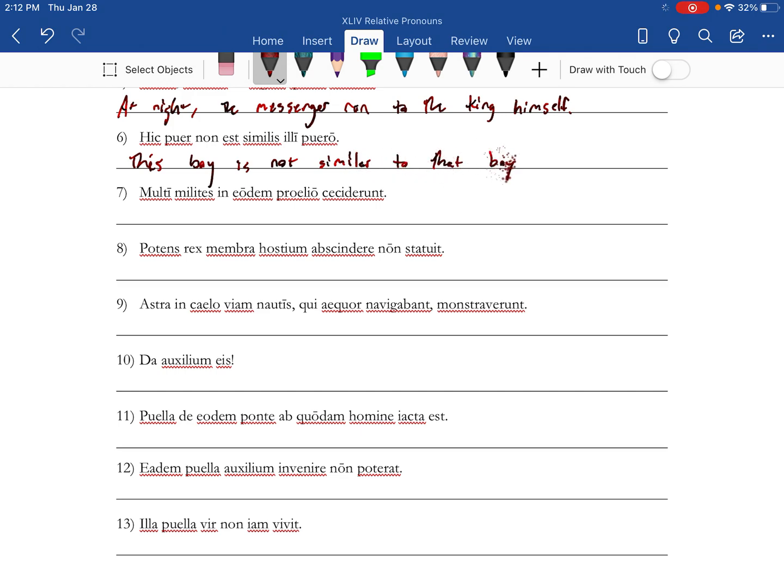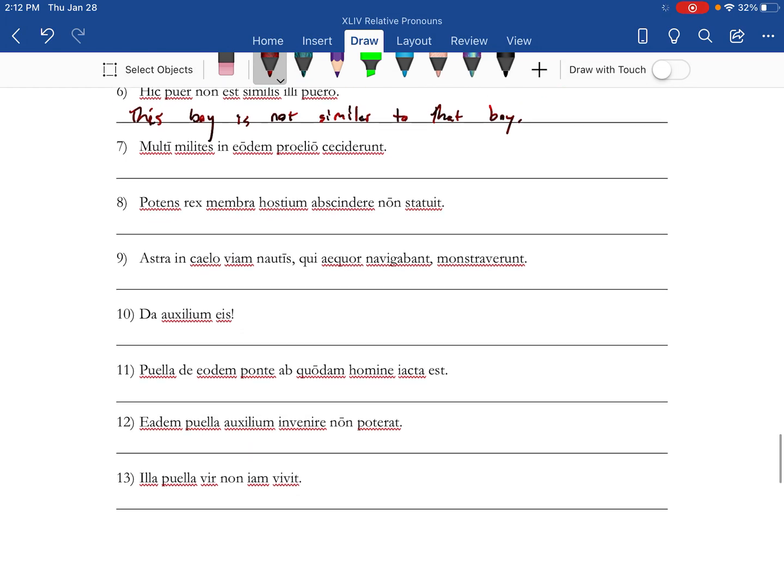Ille, to that boy. So dem right here is saying this O is matching with that O. Many soldiers fell or died in the same battle.